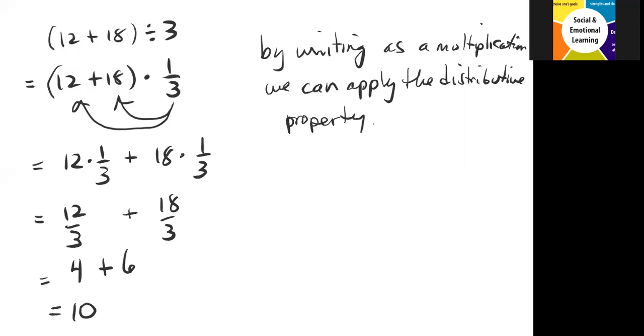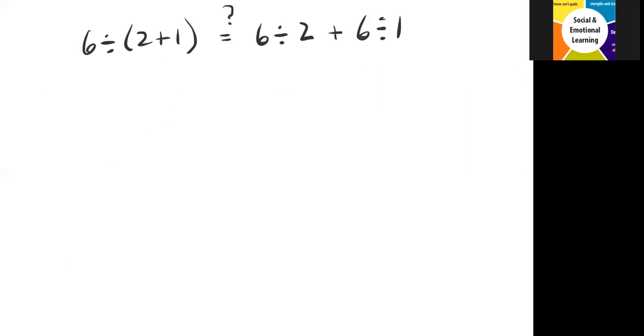Okay, what about the other way around? What about 6 divided by 2 plus 1? Is that equal to 6 divided by 2 plus 6 divided by 1? No, not really.